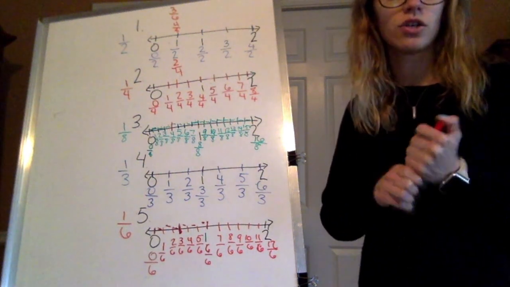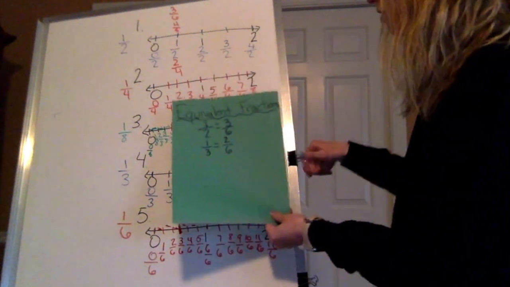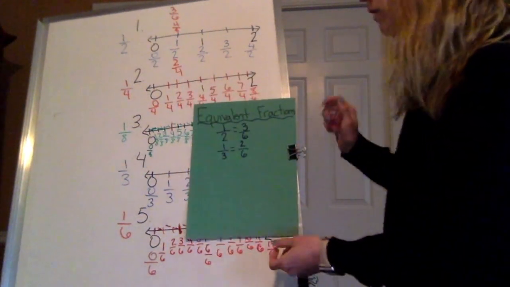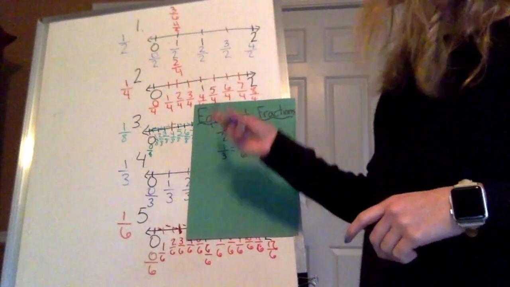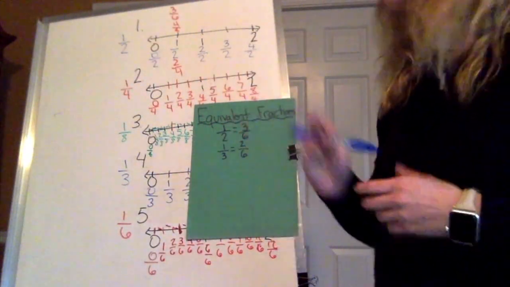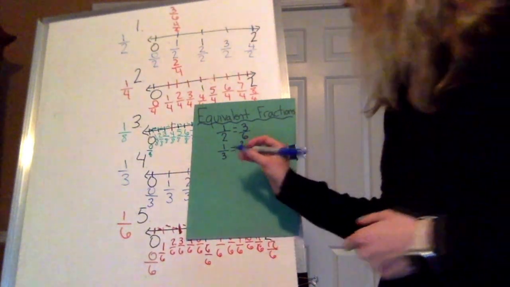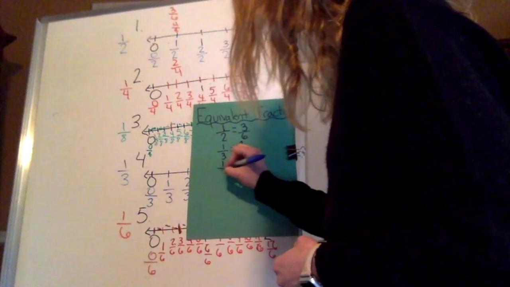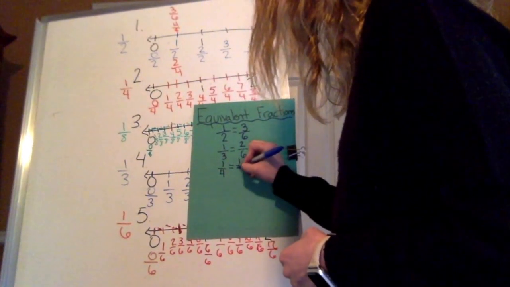So what I can do on our sheet is add some more equivalent fractions. So I want us to think, what is one equivalent fraction that we just figured out that I can write? I can write that 1/4 is equal to 1/2.